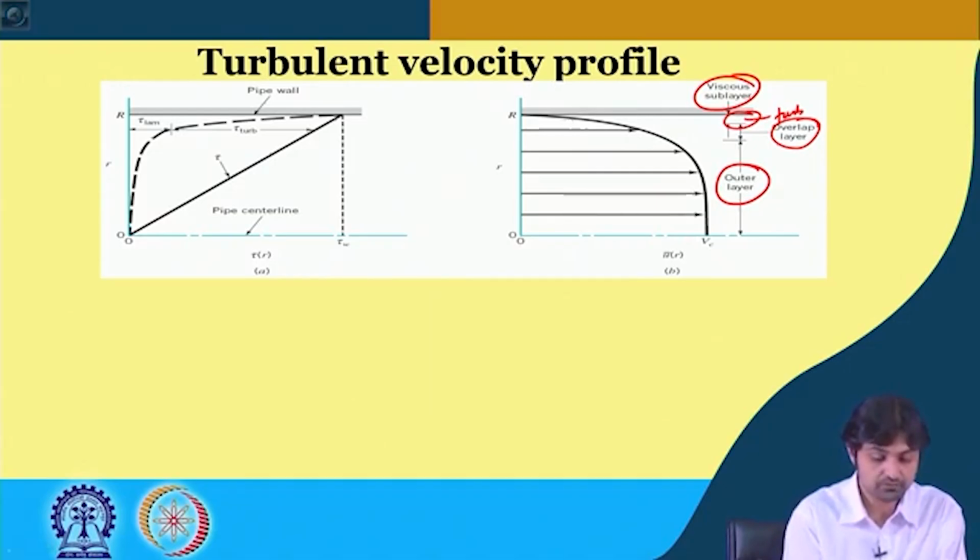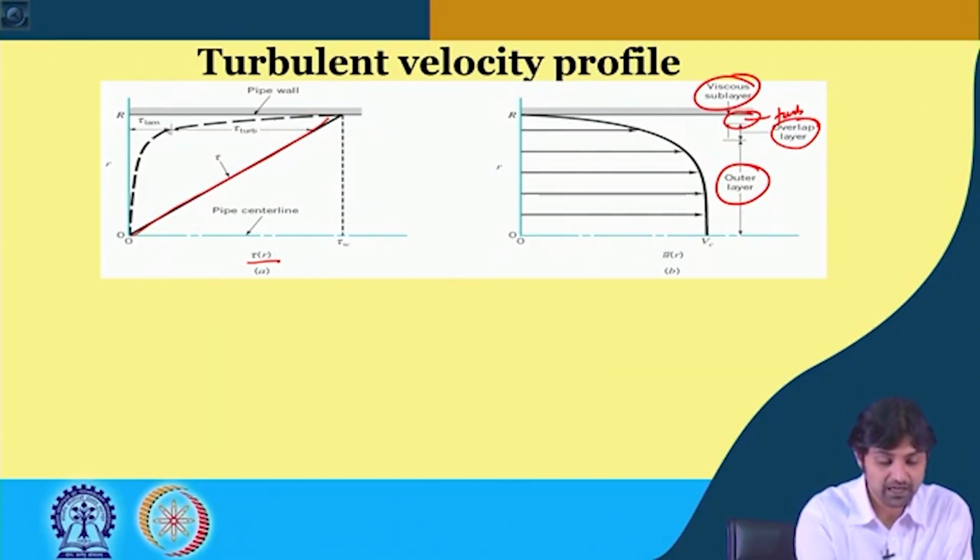You see we have represented tau as a function of r. This is the pipe center line, and if this is the total shear stress, at any point you can see the contribution.